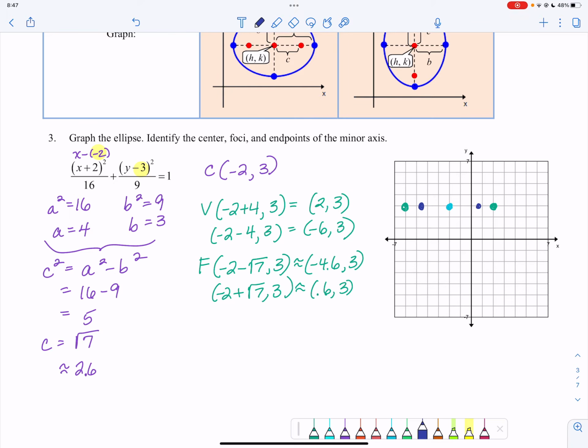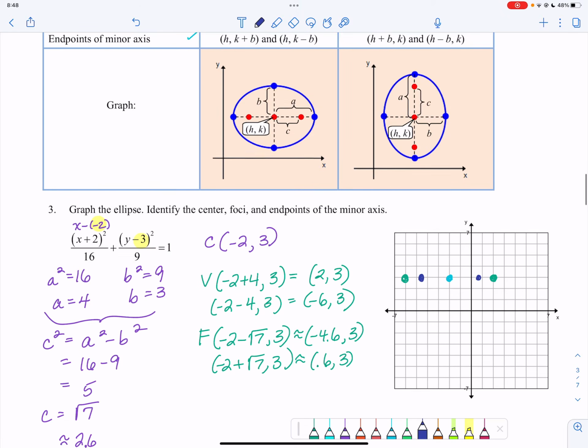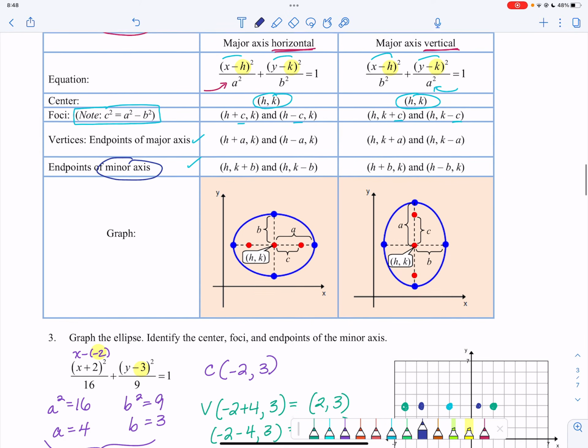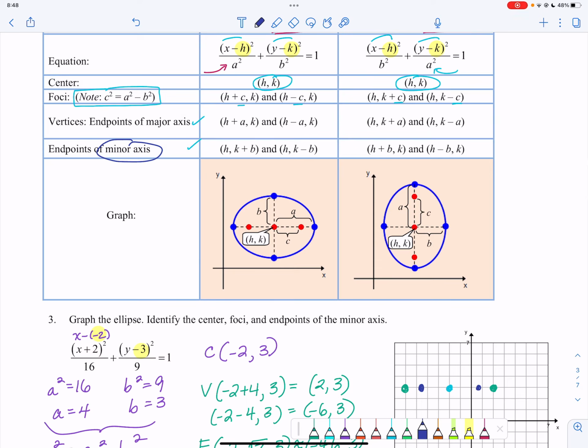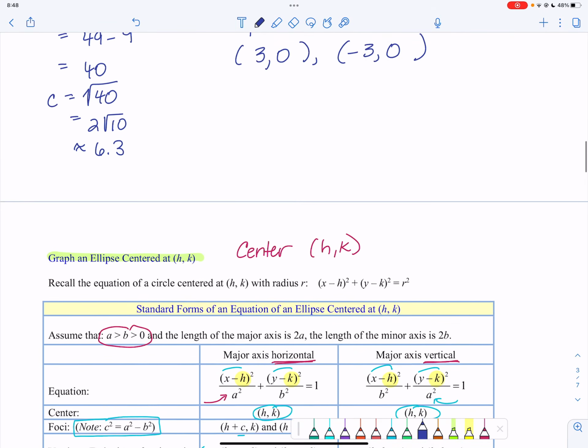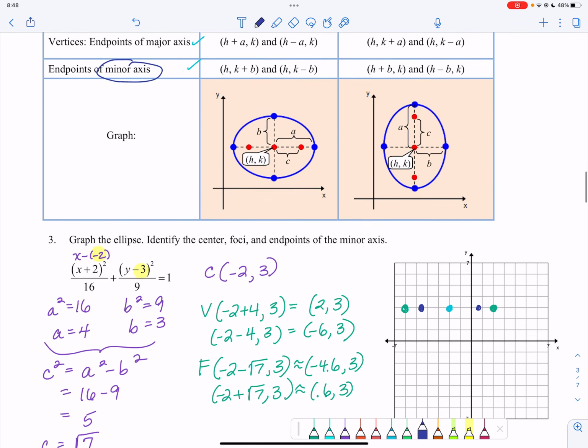Okay, the last thing would have to be what did we have here? The endpoints of the minor axis. So we're going to have H, and we're going to add and subtract B from K. So I think we wrote those as ends of, yes.